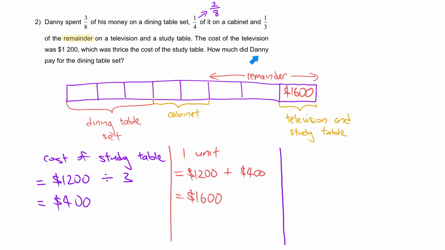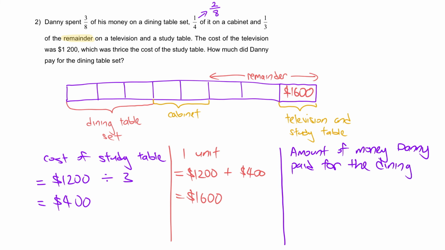How much did Danny pay for the dining table set? 3 units. Hence the amount of money Danny paid for the dining table set.